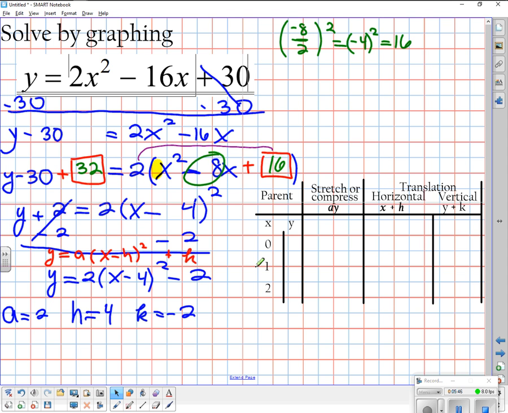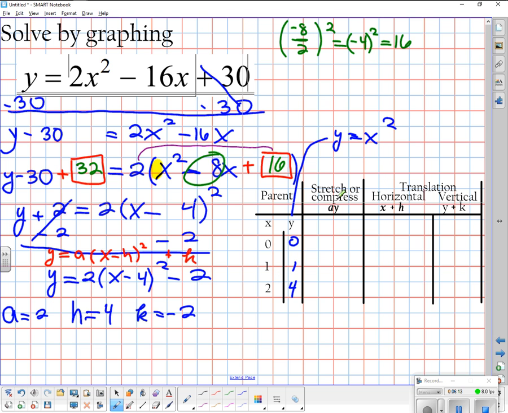Nice small numbers. Now, to find the y, I'm going to do y is equal to x squared. Now, if x is 0, 0 squared will give you 0. If x is 1, 1 squared will give you 1. If x is 2, 2 squared will give you 4.